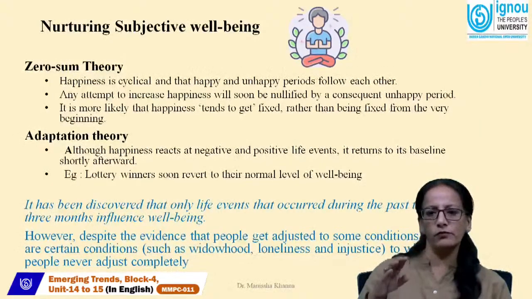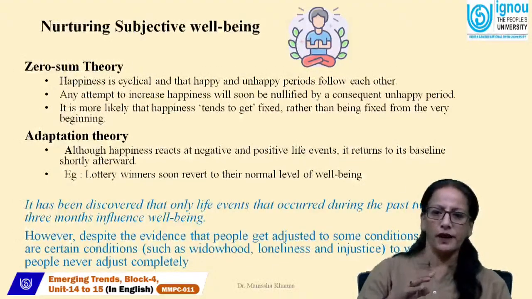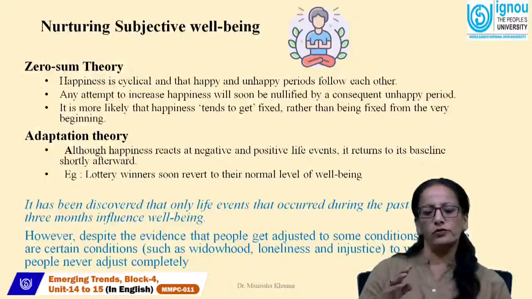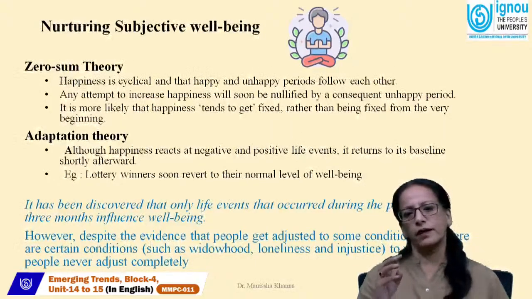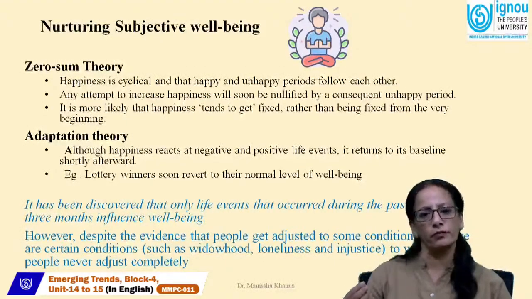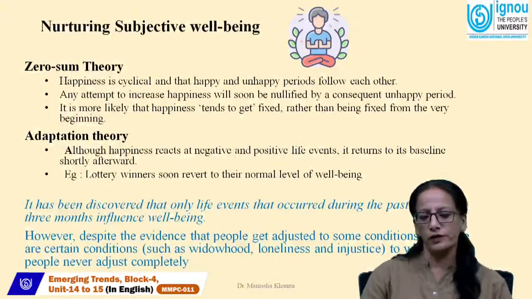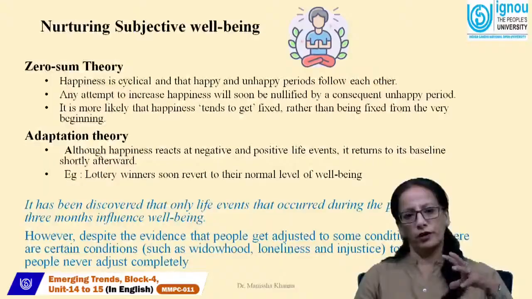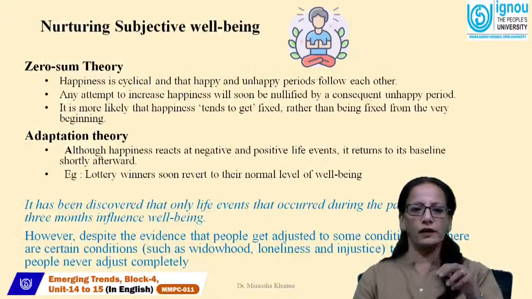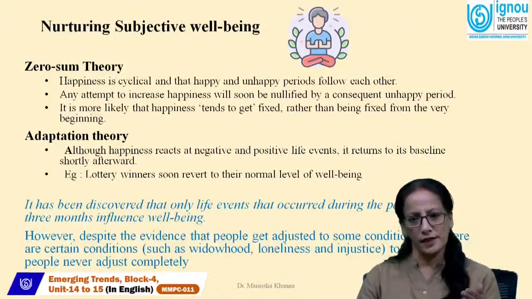Whenever there is a happy moment, sometimes another unhappy moment comes which nullifies it, and it goes on and on. So it is rightly said, life is full of happy and unhappy moments, so it is a zero-sum theory. It is more likely that happiness tends to get fixed rather than being fixed from the very beginning. Whenever there is a nullification, or again after the unhappy moment there is a happy moment, that is why it is known to be cyclic.